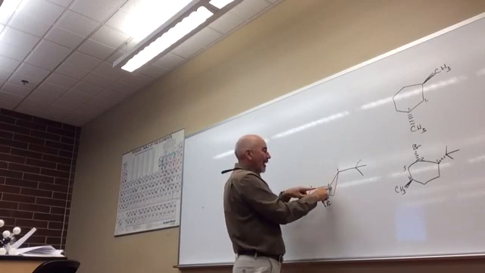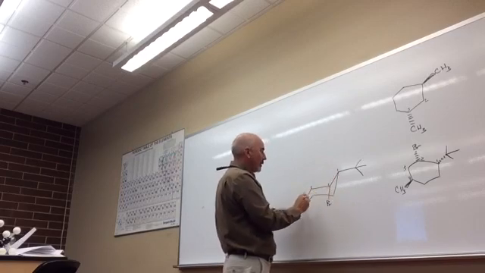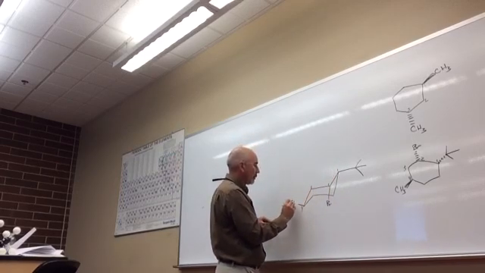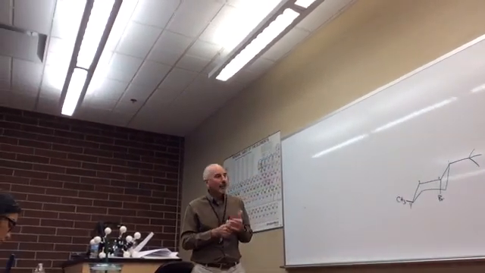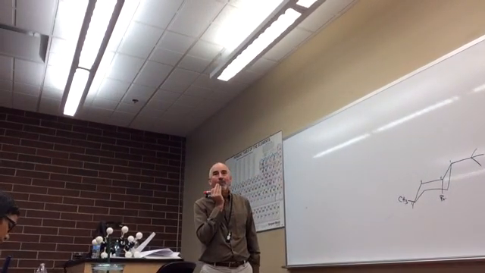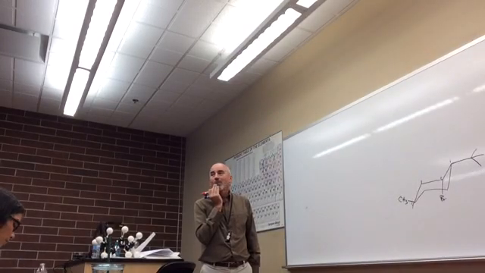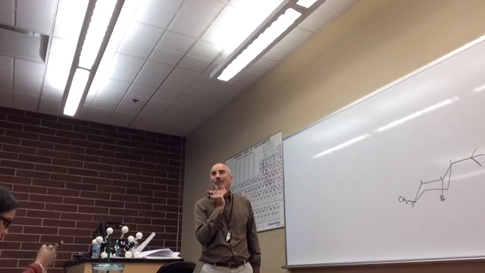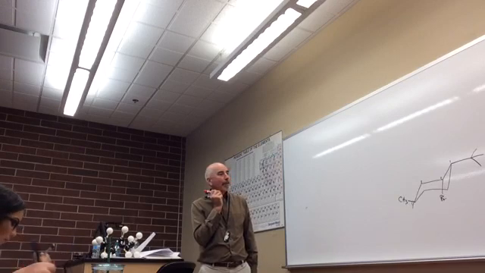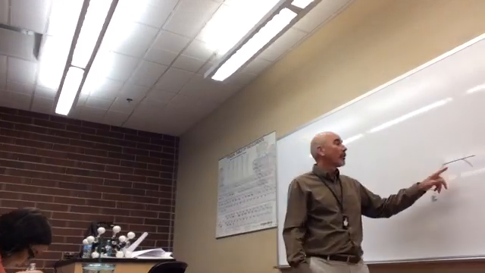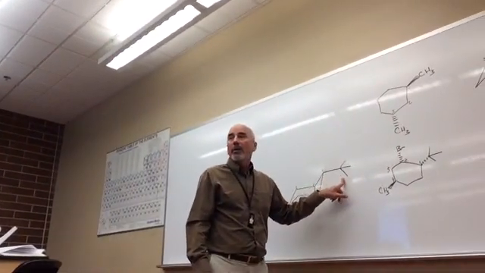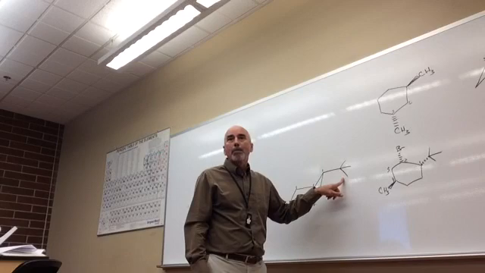Equatorial, axial, equatorial, axial. So it's equatorial. Do you guys get that one? I think that's right. Pretty sure. And that would be the most stable conformation because I've got the largest group going equatorial.